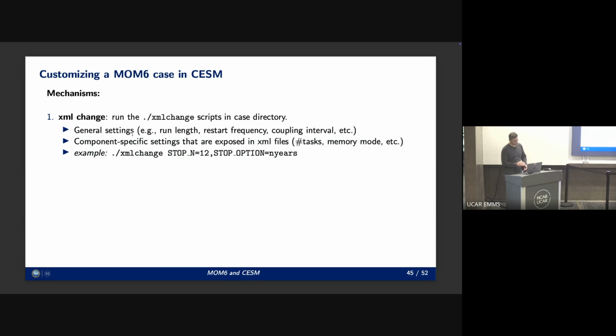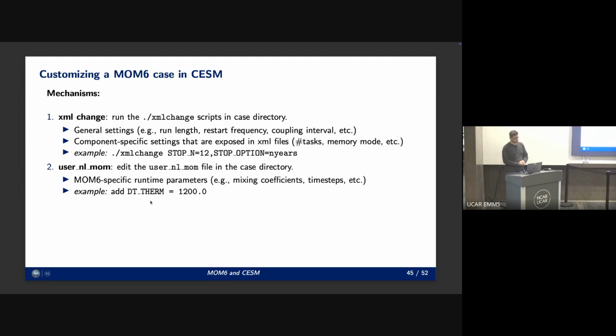Through this mechanism, you can make changes in general settings like the run length, restart frequency, coupling interval, and so on. You can also make some high-level component-specific settings like number of tasks, memory mode in the case of MOM6, and so on. And again, this example shows how to make changes through this mechanism.